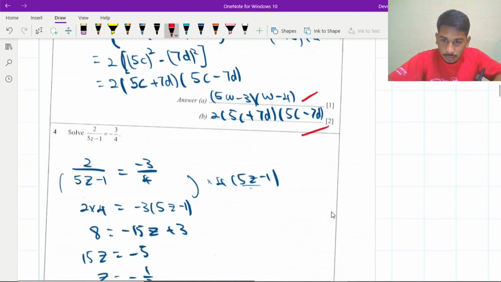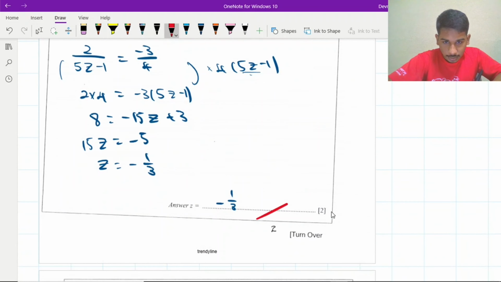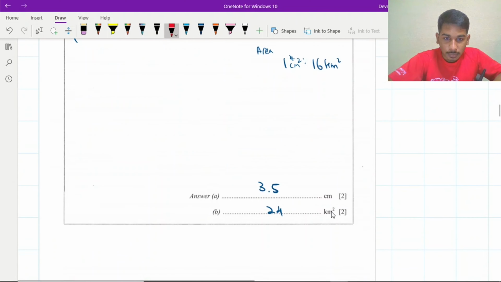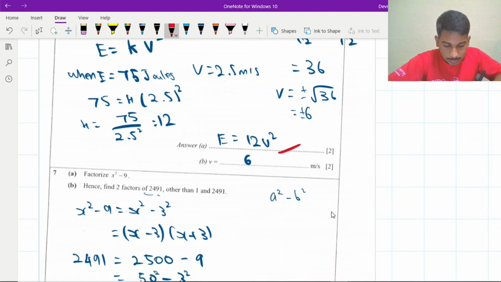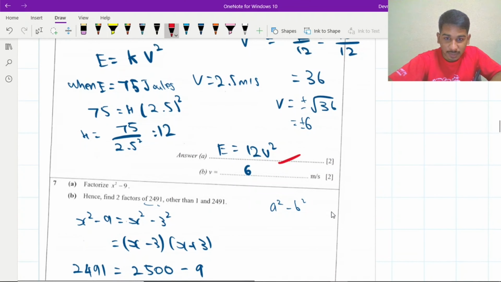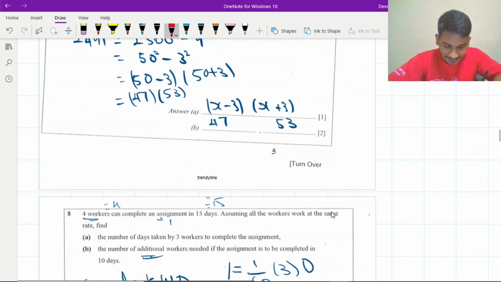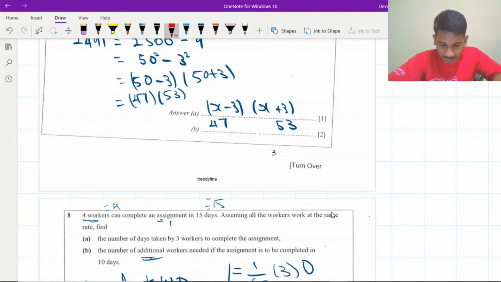Good. And then good. 3.5 and 224. And then 12 v square. Yeah. And 6. Okay, you need to write plus minus 6. Okay, so minus 1. Okay, this is correct. This is correct and correct.